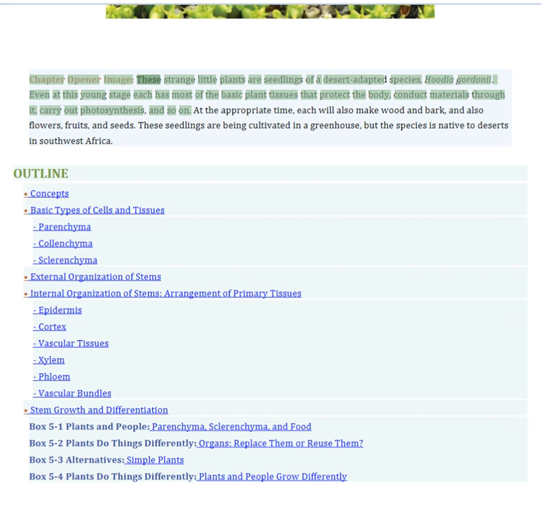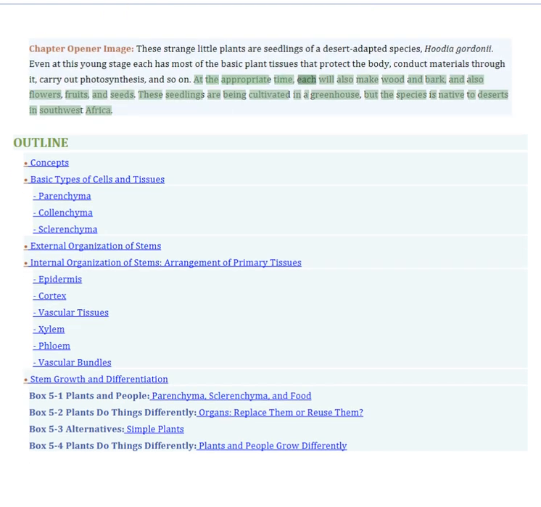Chapter opener image. These strange little plants are seedlings of a desert-adapted species, Hoodia gordonii. Even at this young stage, each has most of the basic plant tissues that protect the body, conduct materials through it, carry out photosynthesis, and so on. At the appropriate time, each will also make wood and bark, and also flowers, fruits, and seeds. These seedlings are being cultivated in a greenhouse, but the species is native to deserts in Southwest Africa.